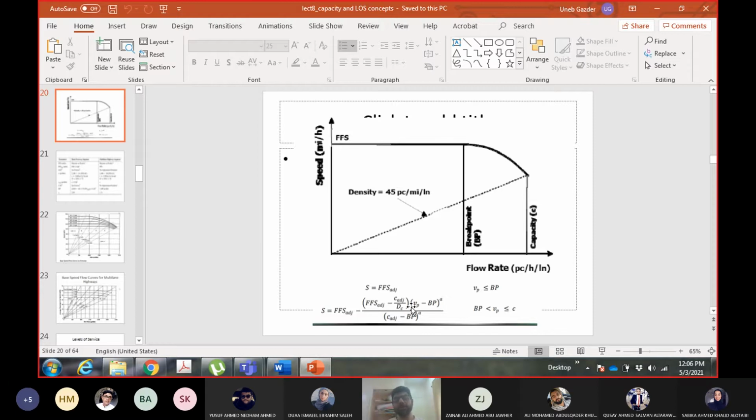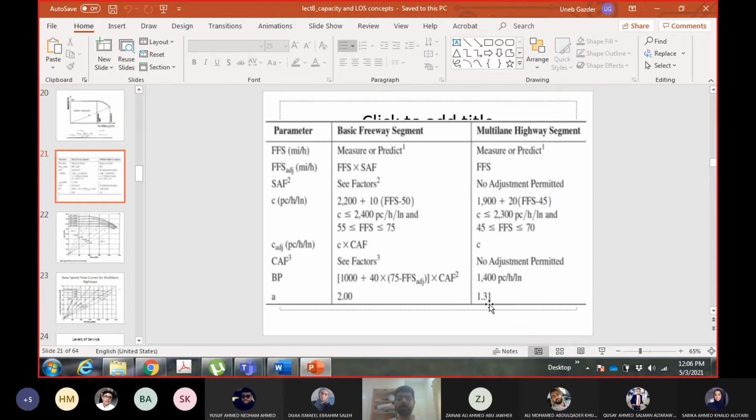VP we already calculated. BP I told you, for multi-lane highways BP is 1400. Value of A is given in the table. For multi-lane highways A is 1.31.